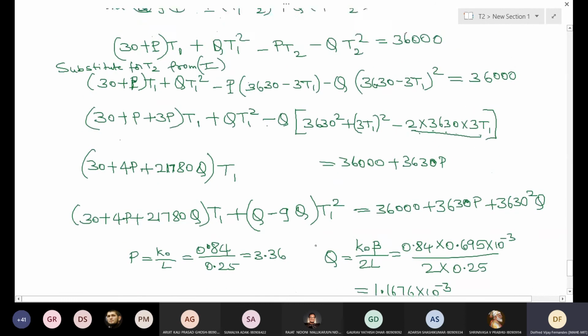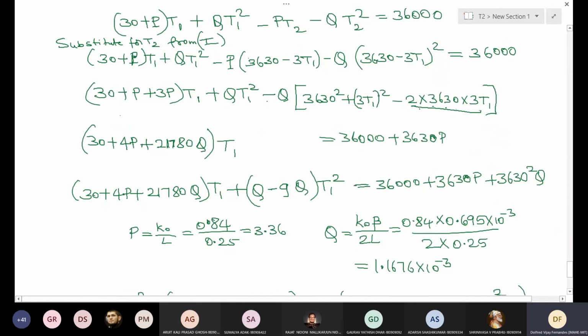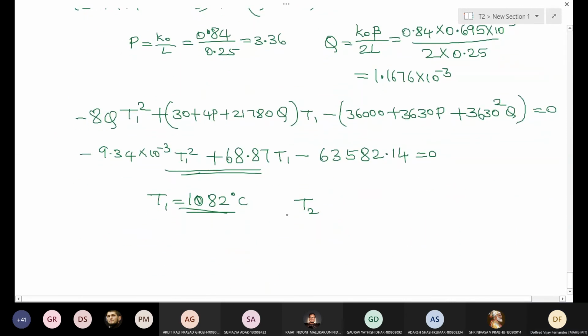We have the relation here, T2 equal to 3630 minus 3 T1. 3630 minus 3 times 1082. So what is the value? 384 degree.